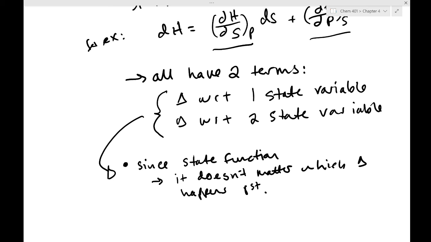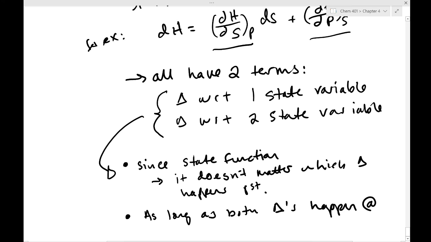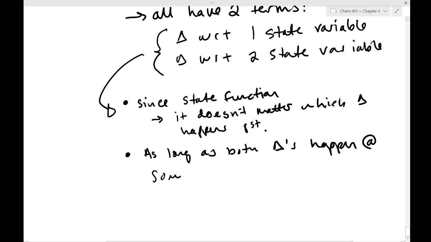The second thing that we can notice from this is that since it's a state function, as long as both happen, at some point, doesn't matter when, the overall change in that state function, for example, dH in this case, has the same value.